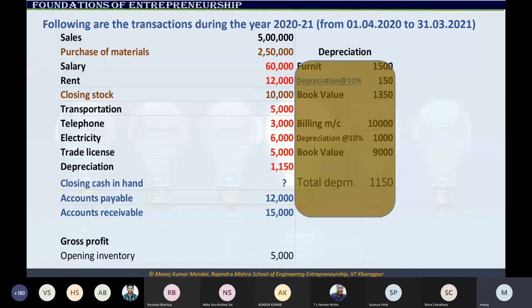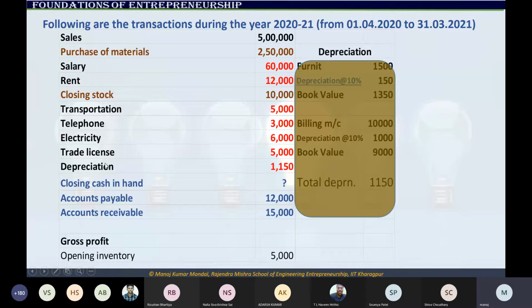So 1000 becomes an expense, because that is the expense you have incurred for the billing machine to the business. Book value becomes 10,000 minus 1000, so 9,000. So total depreciation becomes 150 for furniture, 1000 for billing machine, so total is 1150. So that is why I have written depreciation here as 1150.